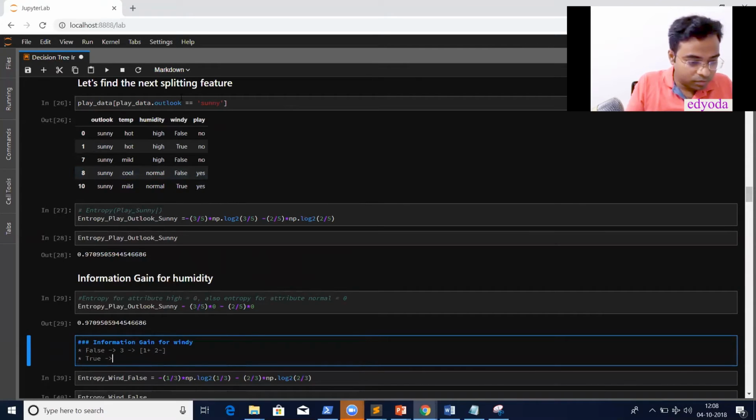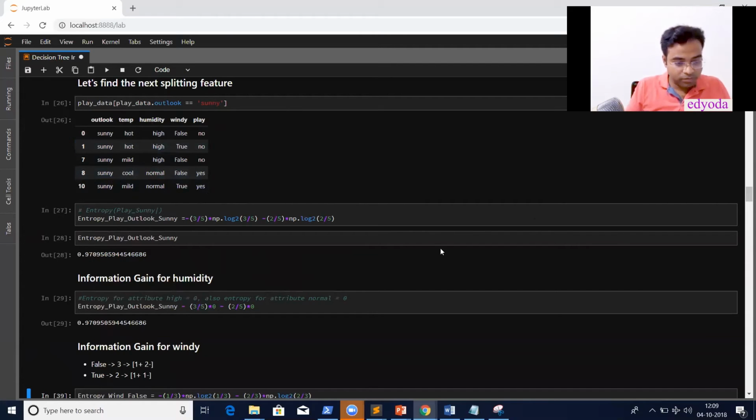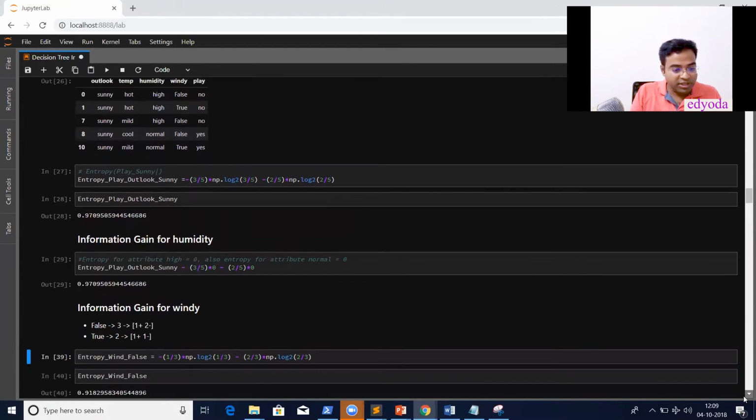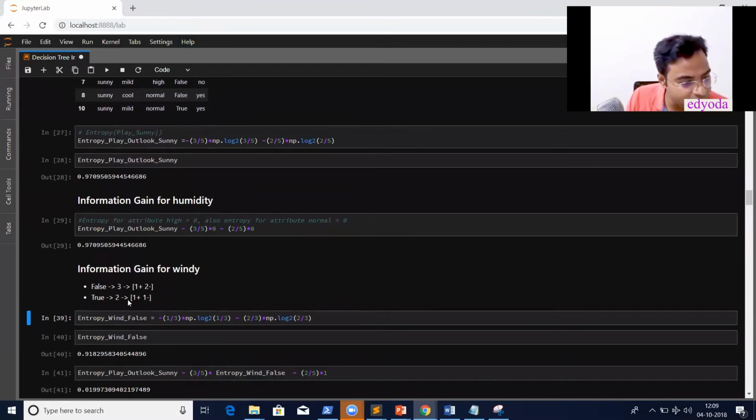True: 2 true. One is yes, one is no, so 1 positive, 1 negative. That means the entropy of this data will be 1.